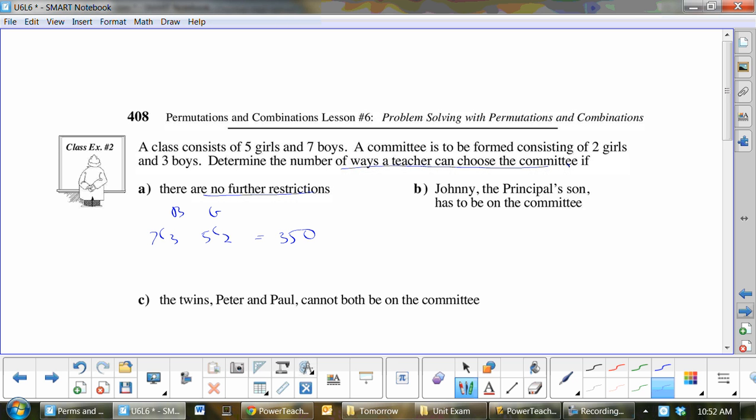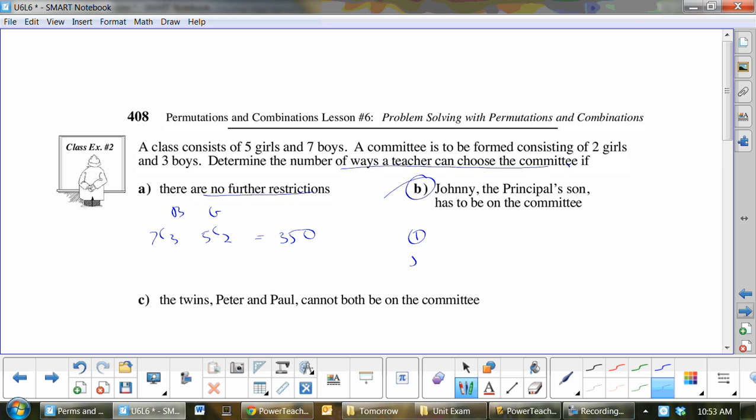Now again, picking the committee is not the restriction. Okay? So now, what if Johnny, the principal's son, has to be on the committee? A little bit of politics here. Okay? So if Johnny's part of the committee, how is it going to change this question? How many Johnnies do we have? 1.